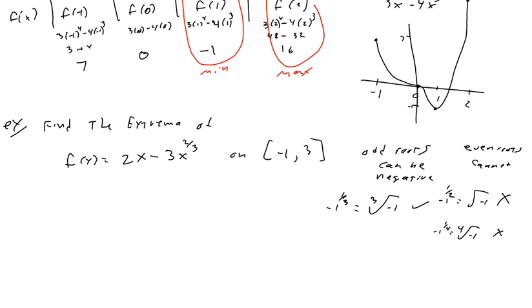Everything's fine. So then our next step is just do the derivative, d dx. So f prime is going to equal, well, the derivative of 2x is just 2.